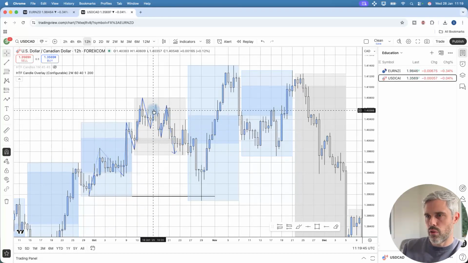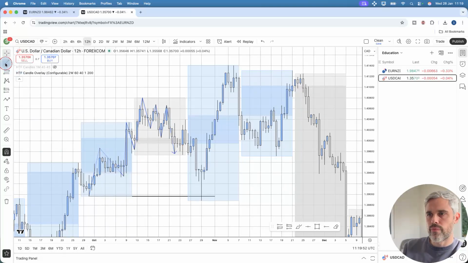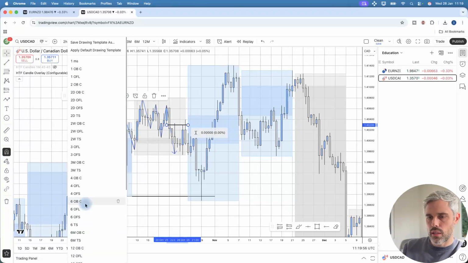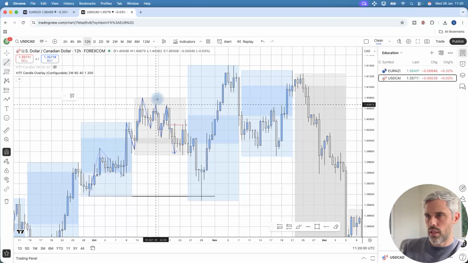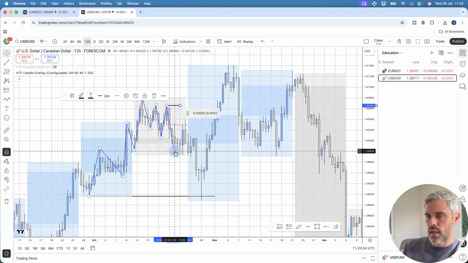So this would give you an entry right here, or you can wait for that more aggressive shift and then seek your entry. And here we have the last buy to sell candle. So this represents our 12-hour order block. We also have this swing point here. So this is our swing high for this price leg.